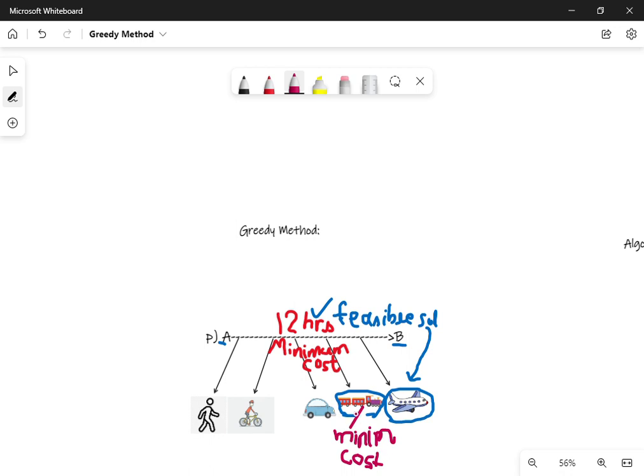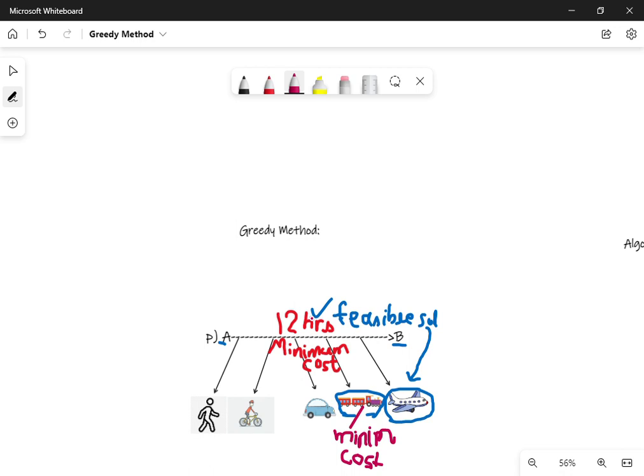So it is known as the optimal solution. Let me explain the optimal solution to you. It is a solution which is already feasible and gives minimum cost. Here, train is already feasible because of the first condition. What was the first condition?